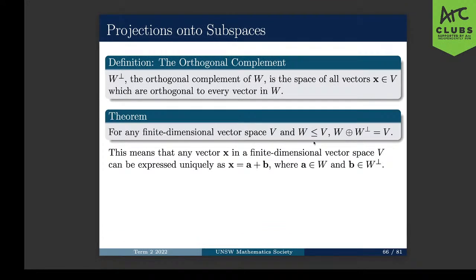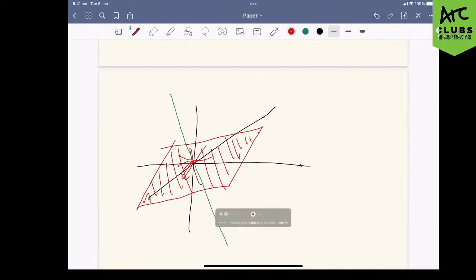For any finite dimensional vector space V and any subspace W of V, it turns out that the direct sum of W and W perp, the orthogonal complement, gives you the space back. And again, you can visualize that from this example here.